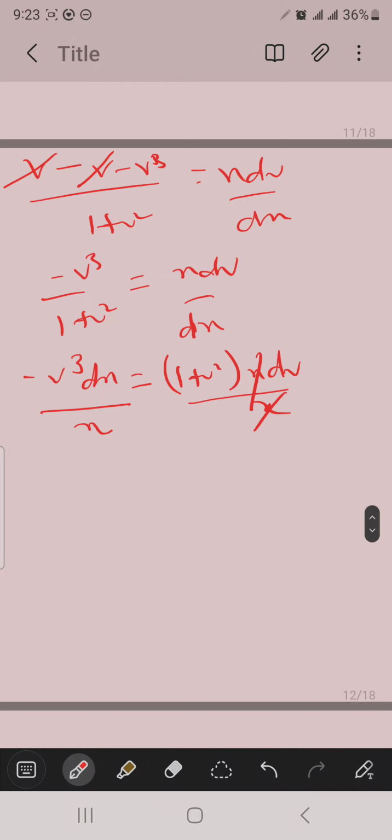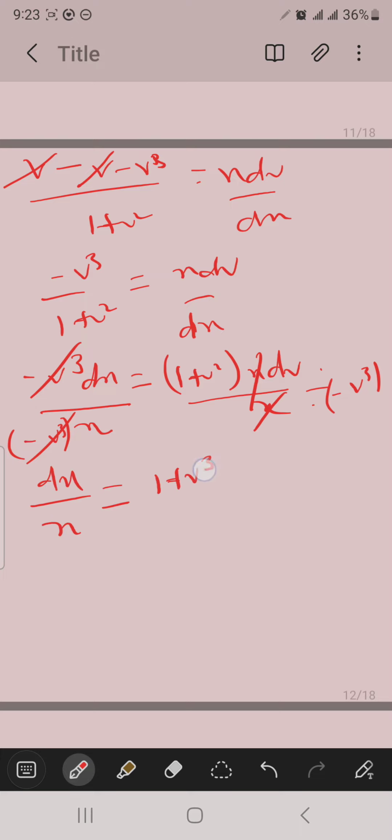Dividing both sides by minus v cubed, this will now be dx over x equals 1 plus v squared over minus v cubed dv.